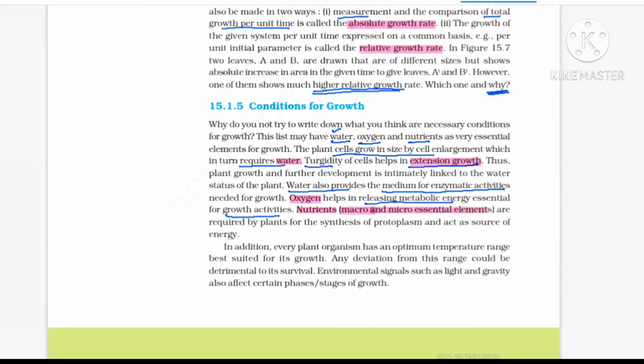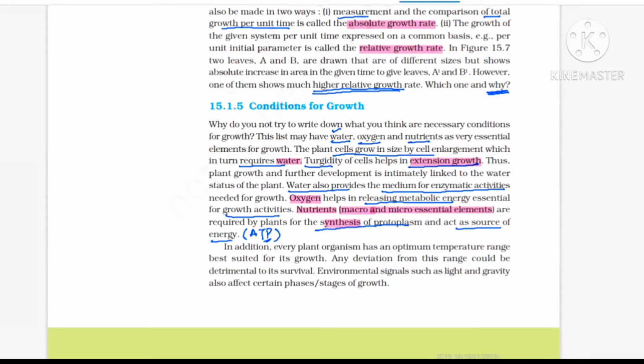And they are essential, means without them the plants cannot survive. So nutrients are required by the plant for the synthesis of protoplasm, and it is also a source of energy. Because you know energy means ATP and P means phosphorus, so to make ATP they want phosphorus.